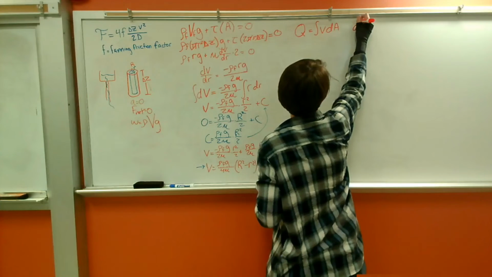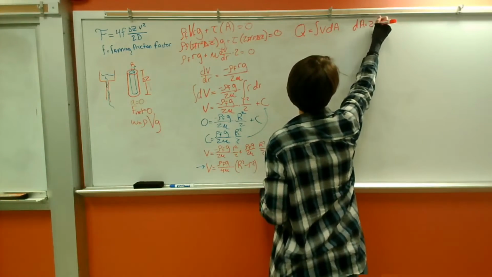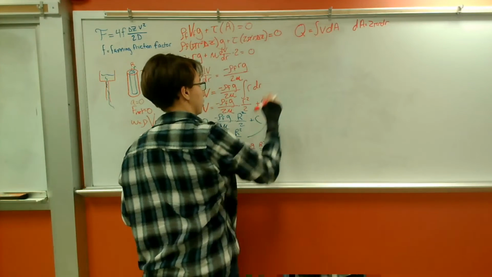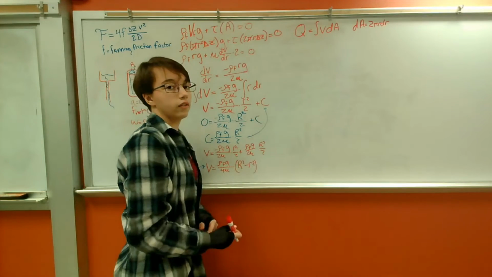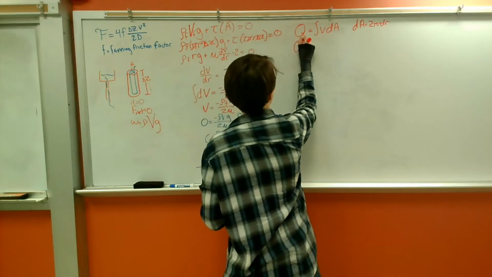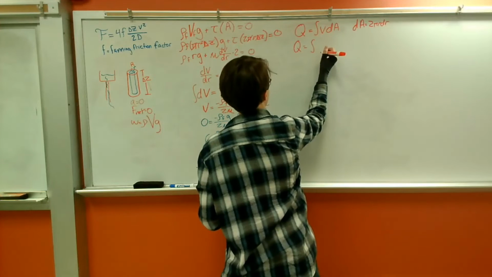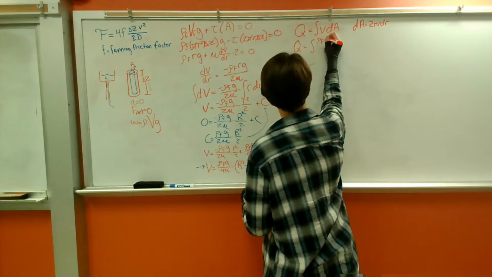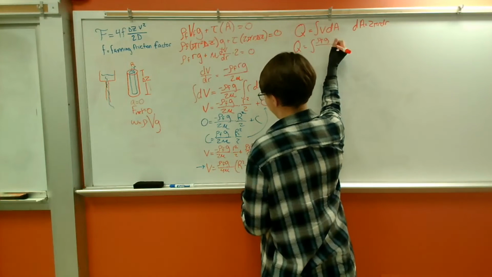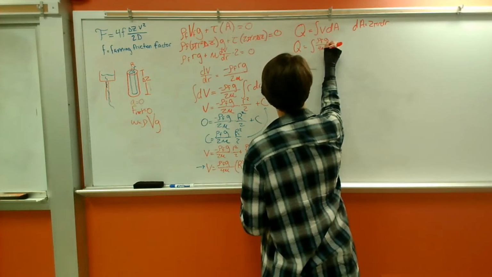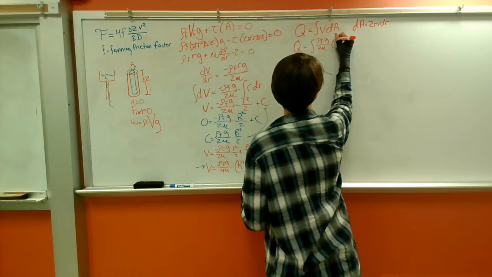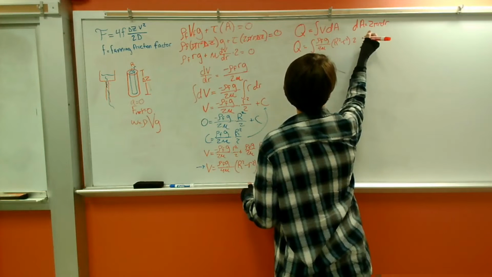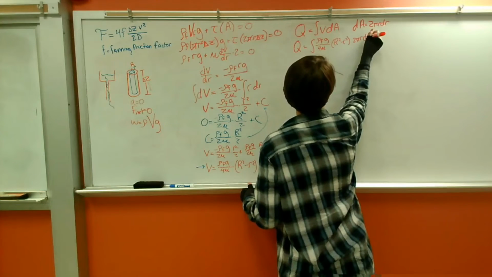So the area is pi r squared, and dA is 2 pi r dr. Plug that in for the area and this in for velocity, and we'll have that Q is equal to the integral of density of the fluid times acceleration due to gravity over 4 times the viscosity times big R squared minus little r squared times 2 pi r dr.